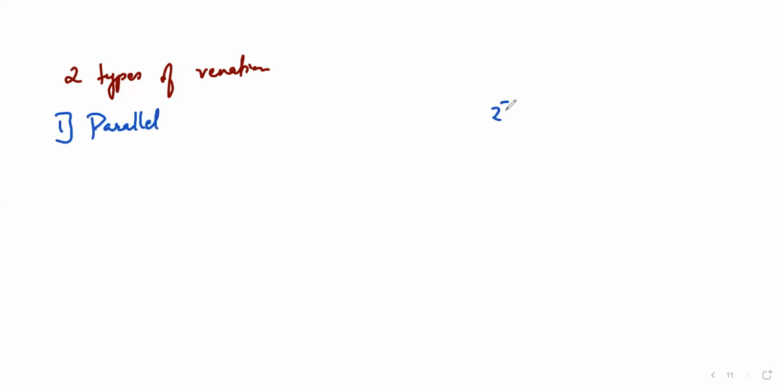Okay, so basic two types of venations are there: parallel and reticulate. Okay, very important.